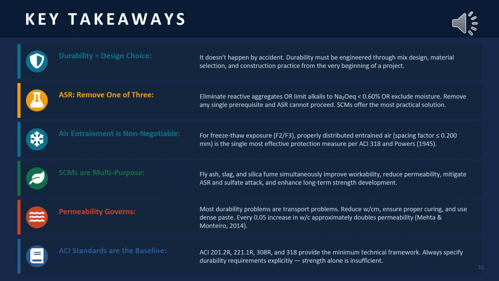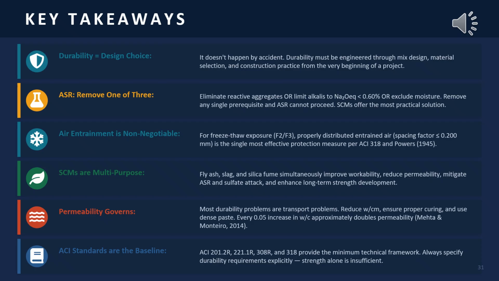Second, for alkali silica reaction, remember the triangle. You need all three corners simultaneously: reactive silica, sufficient alkalis, and moisture. Your prevention strategy should target at least one corner, and using supplementary cementitious material is usually the most cost-effective and reliable approach.